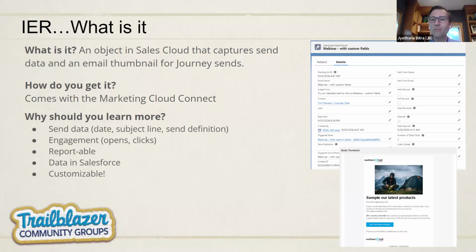It is in the Salesforce CRM environment, so it is reportable, and you can use that for your tools, especially with your sales team being in that environment. Having that data in Salesforce gives it a lot of flexibility and capability, and it's customizable, which is wonderful. You can modify, add fields, and populate whichever data would be helpful for your scenario, and that's what we're going to be going over today.